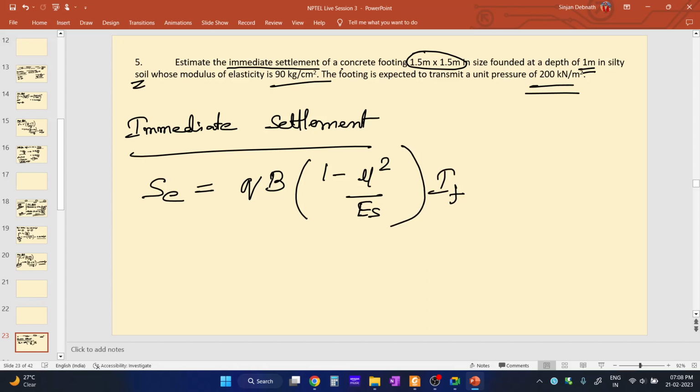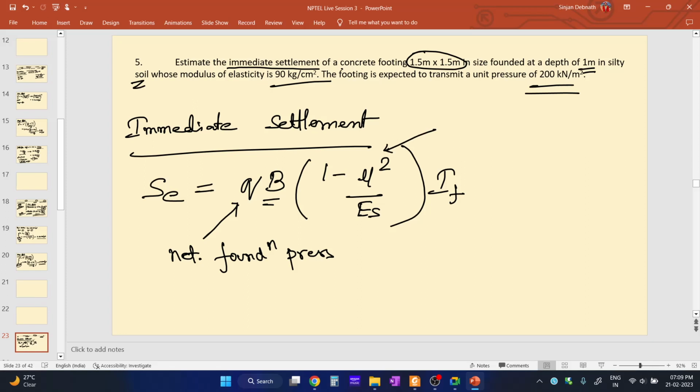Now let me tell you what these parameters are. This Q is the net pressure acting on the foundation, the net foundation pressure. This B is the breadth of the foundation.